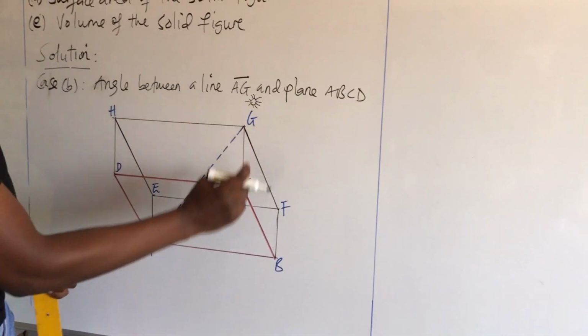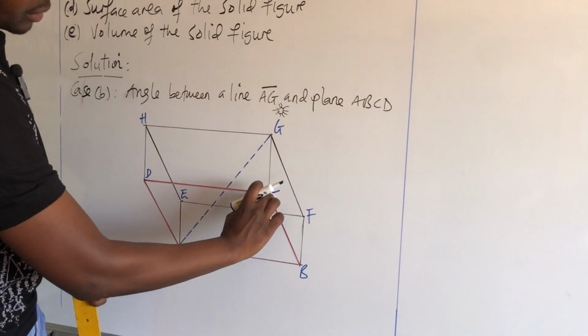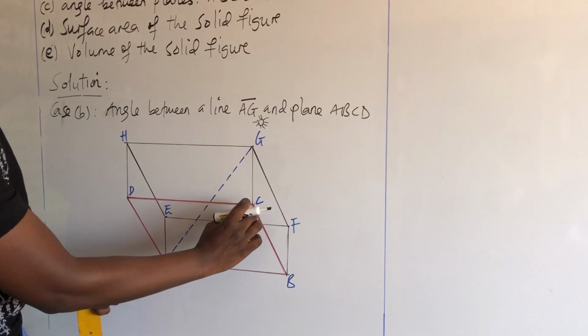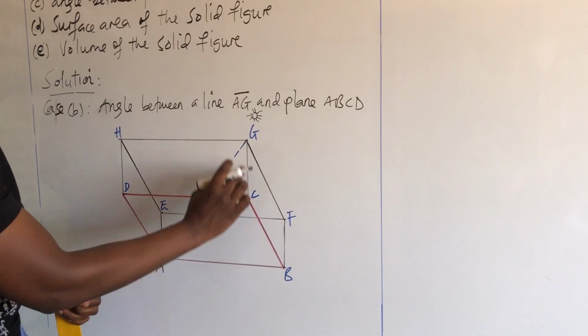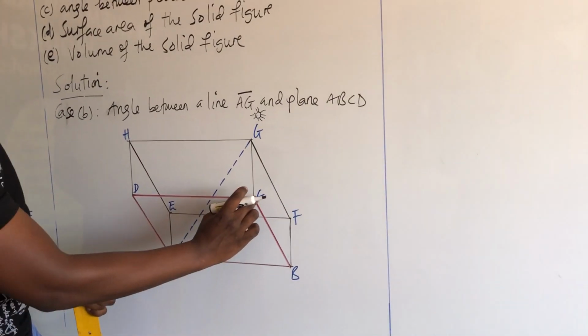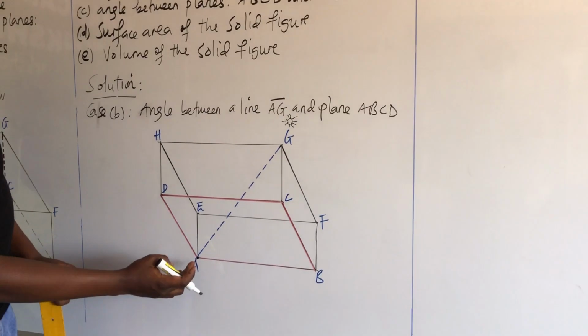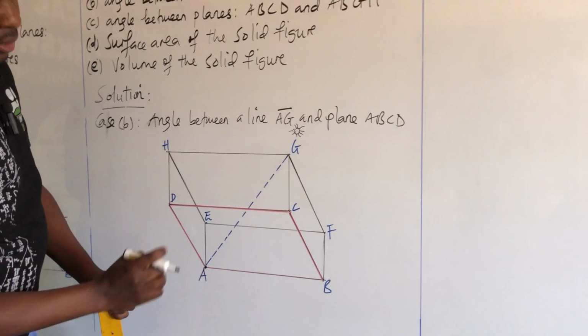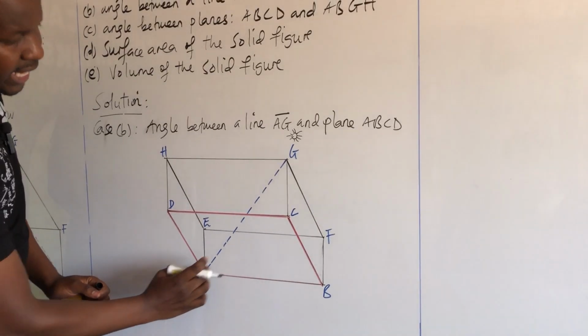Now the shadow of G will fall on the point C, or we can say the projection of G is C. After having the projection of G, which is C, we connect that point of intersection with the projection of point G, and we form the line AC.